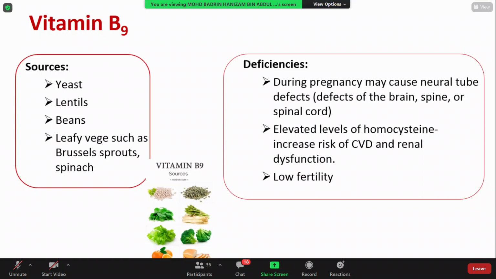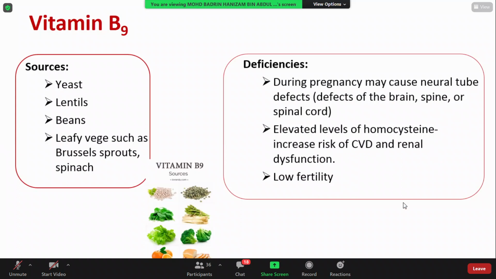In pregnancy, high amounts of folic acid are required for the growth of the bone, of the spine, and of the brain.